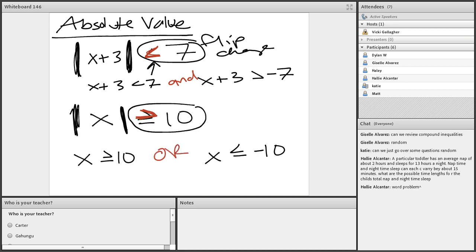And the graphing is the same. If it's a less than and you wrote and, you would expect to have two circles with shading together. If it's a greater than and you write or, you would expect to have two circles with shading apart.